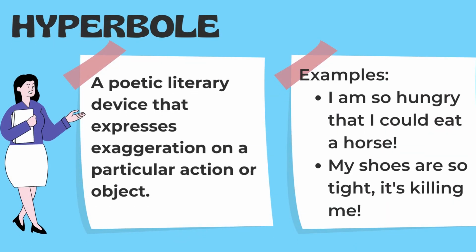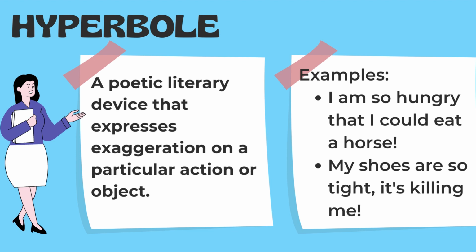Let us proceed with hyperbole, a poetic literary device that expresses exaggeration on a particular action or object. Examples: I am so hungry that I could eat a horse. So you can see that I could eat a horse is what makes this statement a hyperbole because it expresses exaggeration.